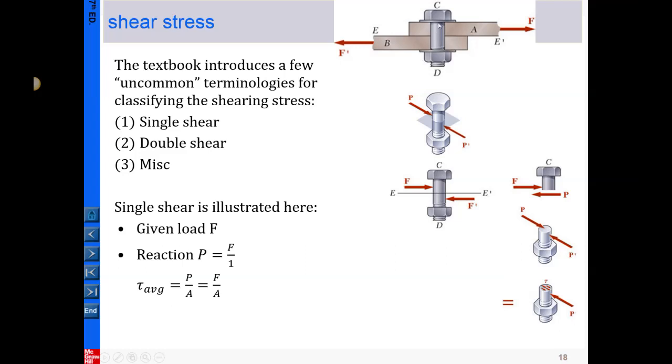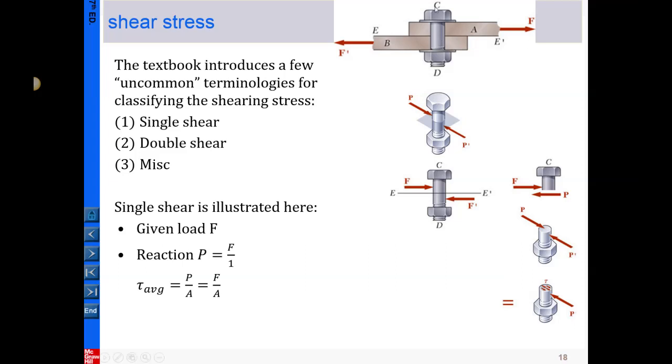If the pin is too weak, then very likely the forces here are going to shear off the pin, which is going to be distorted or even break into two pieces. So here our concern is the shear stress in the pin.